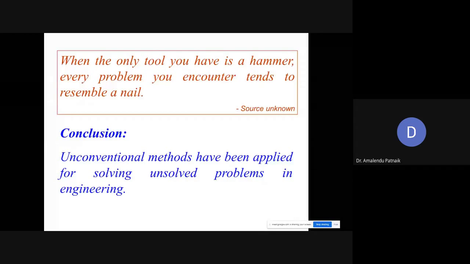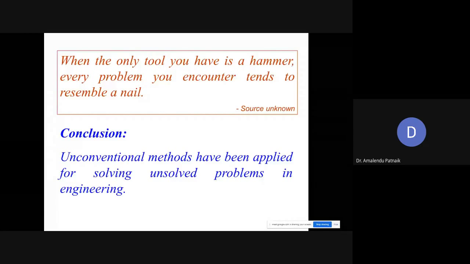Actual requirement means if it is a complex problem and having multiple minima and maxima, then only go for this type of technique. So the conclusion is unconventional methods have been applied for solving unsolved problems in antenna engineering. Okay, if you study the literature, you will find a lot of complicated, complex antenna problems have been solved using these meta-heuristic techniques.